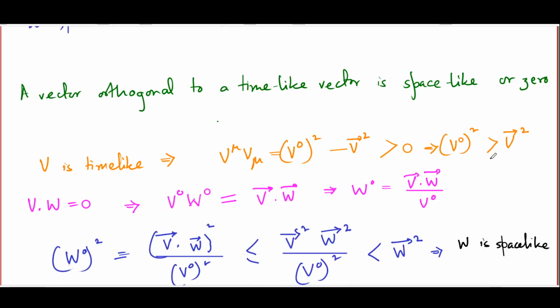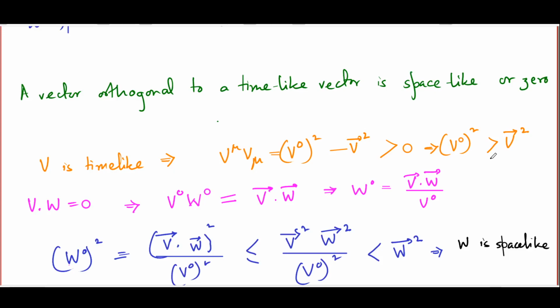Now, that tells you that W0 squared, the temporal part of W squared, is given by V vector dot W vector whole squared by V0 square. And a very standard property of the dot product, which you can call the Cauchy-Schwarz inequality if you want to sound fancy, but which simply means that cosine of theta is never bigger than 1 in size, tells you that this quantity has to be less than or equal to V's magnitude squared times W's magnitude squared in the numerator, divided of course by V0 square.